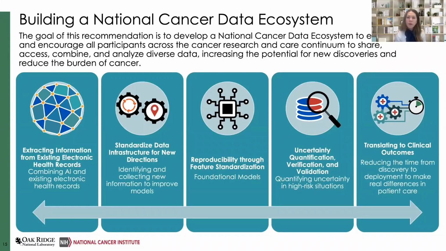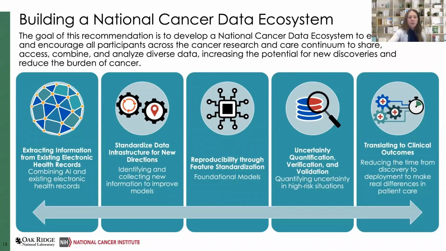We are also working on quantifying uncertainty in high-risk situations and developing tools that move us closer to near-time cancer identification and reporting. So what I'm going to do next is walk you through a couple of examples of each one of these segments and how my team is moving science forward in these areas.